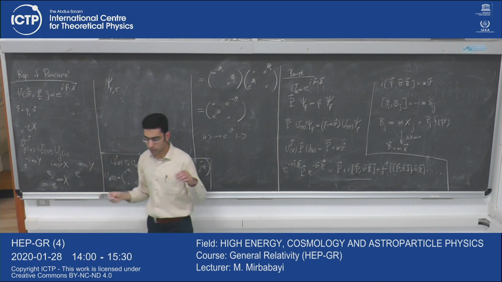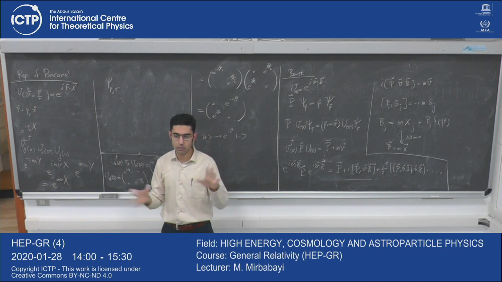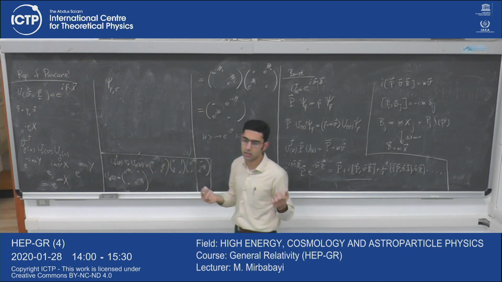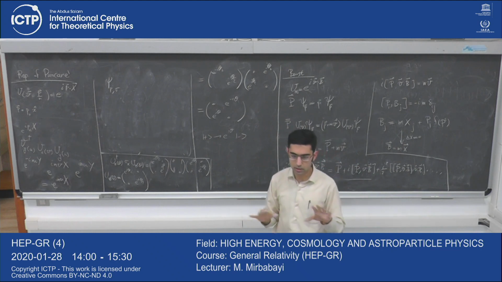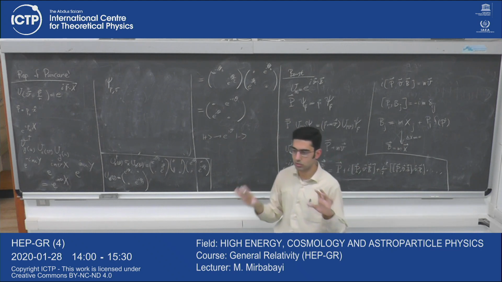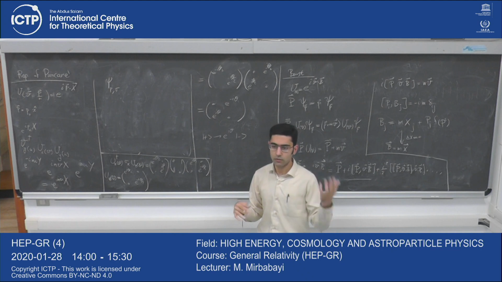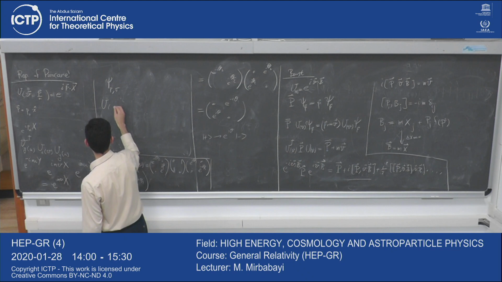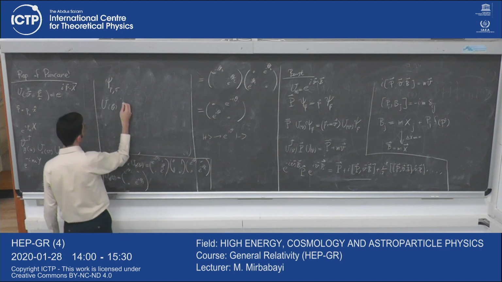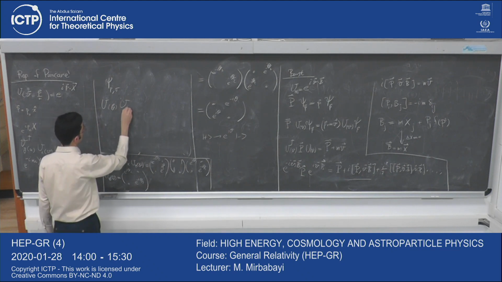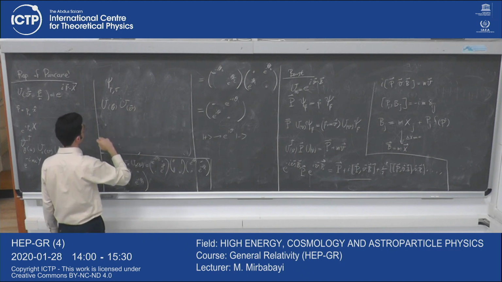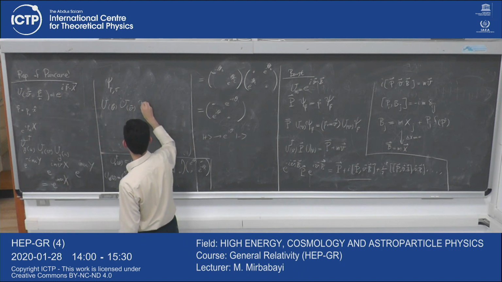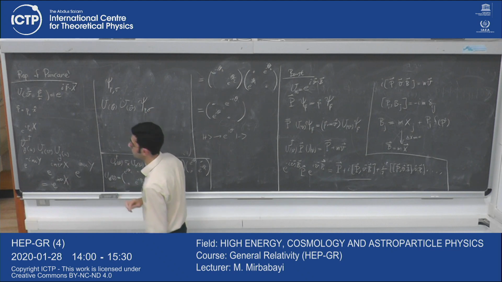So first of all, if I want to act by a combination of rotation and a boost in a non-relativistic theory, or even in a relativistic theory, we can always decompose it into a boost followed by rotation. So say I want to have a rotation along some axis, and then I want to have a boost acting on this psi of p and sigma.